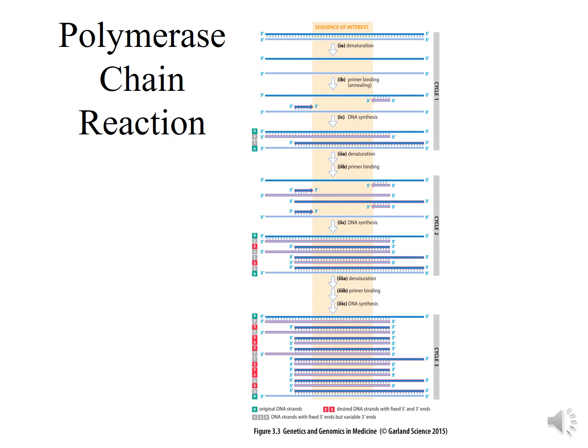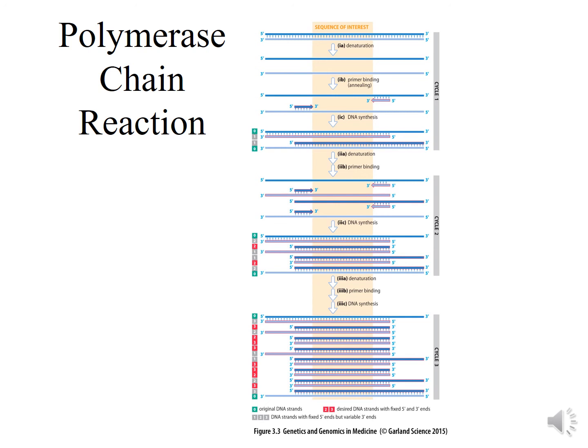After the second cycle, there will be 2 more products with variable 3' ends, but also 2 desired products of fixed length, shown at the left by the filled red squares, with both 5' and 3' ends defined by the primer sequences.